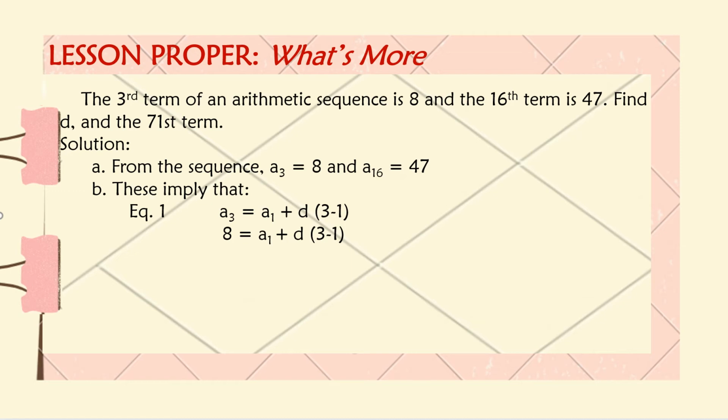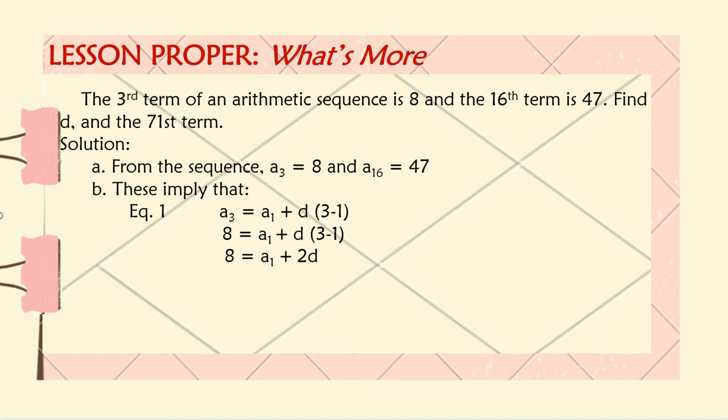Saan nakuha yung 3? Dun muna tayo mag-focus sa A sub 3 is equal to 8. So, yun yung first equation natin. So, substitute natin. We have 8 is equal to A sub 1 plus D times 3 minus 1. So, saan nakuha yung 3? Yun yung n natin. 8 term siya.